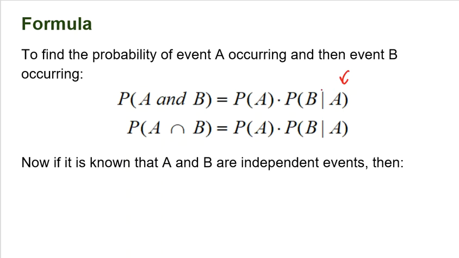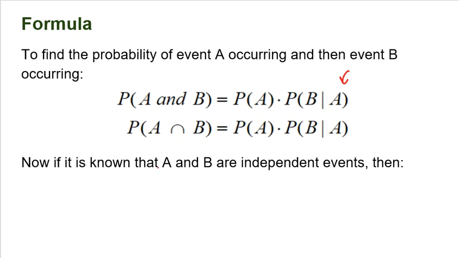So at the end of the day, I am multiplying the probability of A times the probability of B. But because B comes second, I have to consider if A affected B, which means that they're not independent. If A affects B, they're not independent.